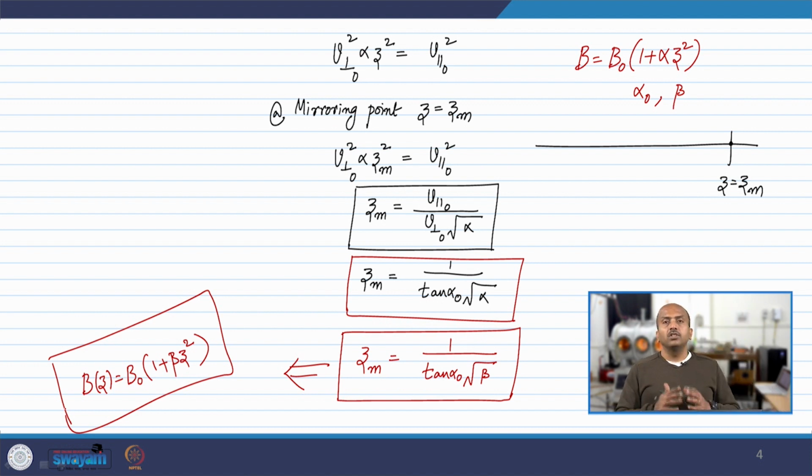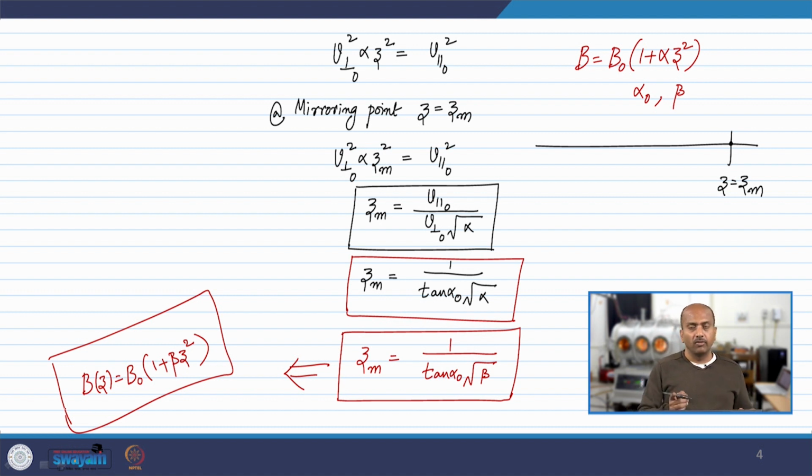But what is the concept that we have learned by solving this example is that the moment the particle picks up from z is equal to 0, the parallel and perpendicular components of the velocity of the particle, their magnitude, and the angle at which the particle will shoot into the magnetic field will decide whether the particle is going to be trapped or not.